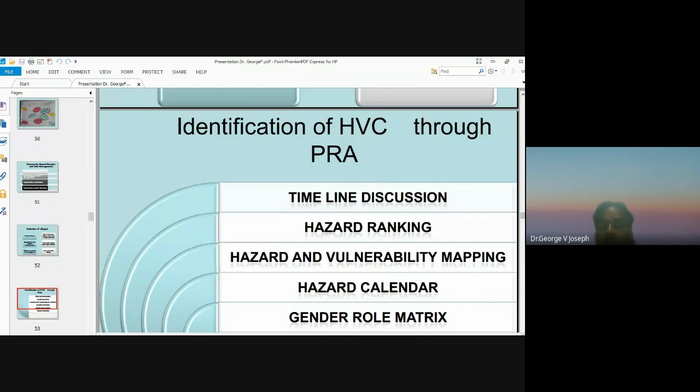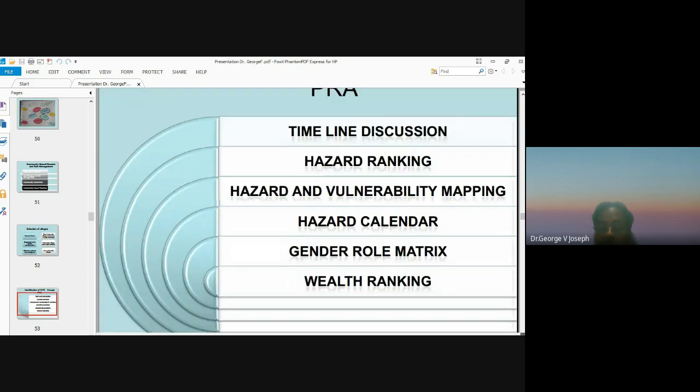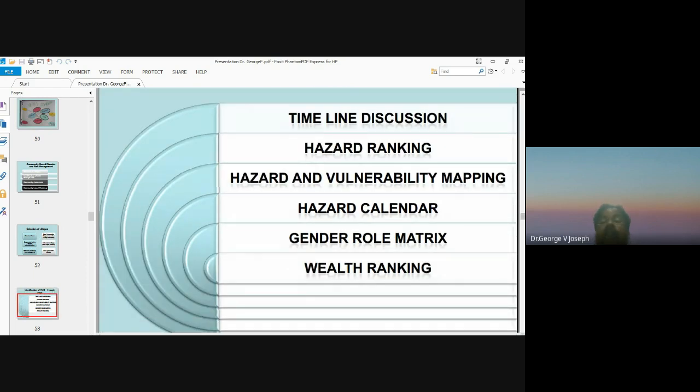And what are the roles being played by the various genders, women? As you know, yesterday you also discussed that issue. Women are more vulnerable in many cases. So what is their role? How are they affected? In many cases we have also seen that poor people are more affected by disasters.